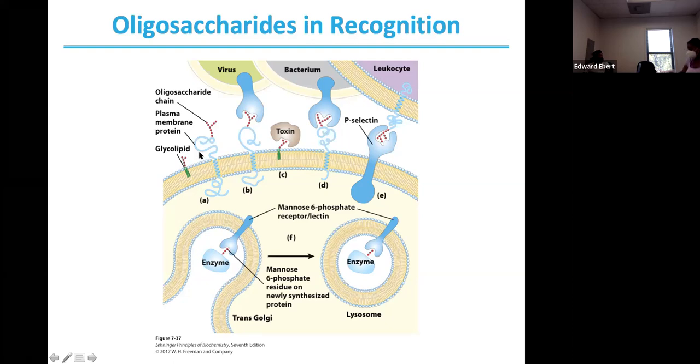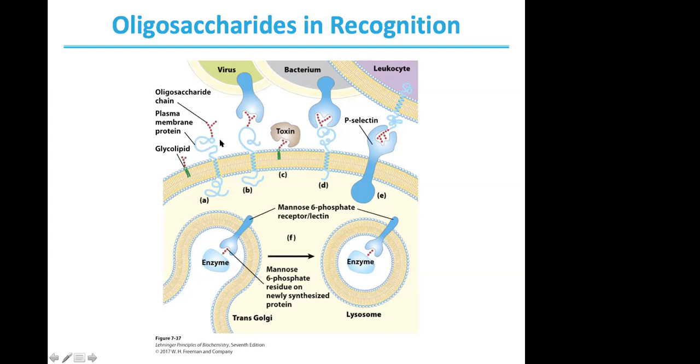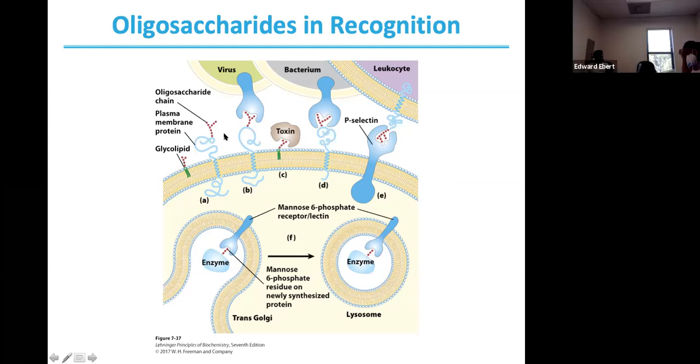Those are coming up in the next chapter that we're going to jump to. We can have our proteins with their oligosaccharide chains attached. You can see a virus might recognize a particular oligosaccharide chain, and that's how it knows to bind to this particular cell to try and infect it. Same thing can come from a bacterium.